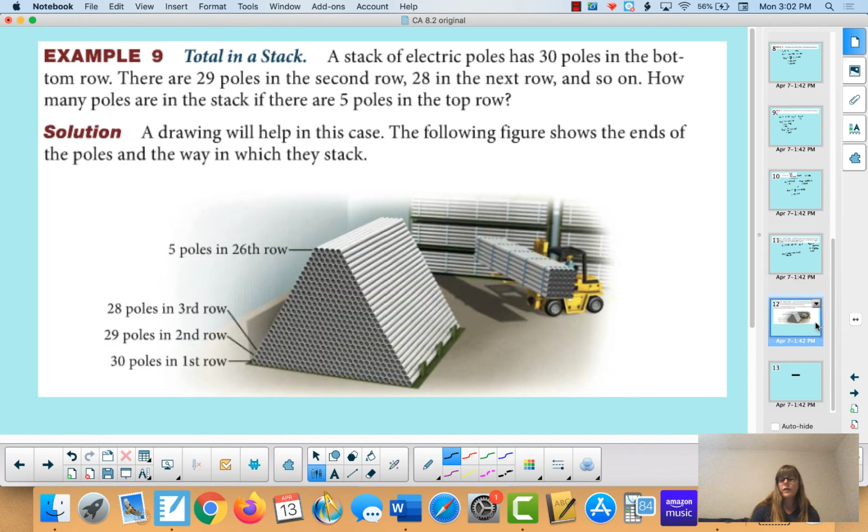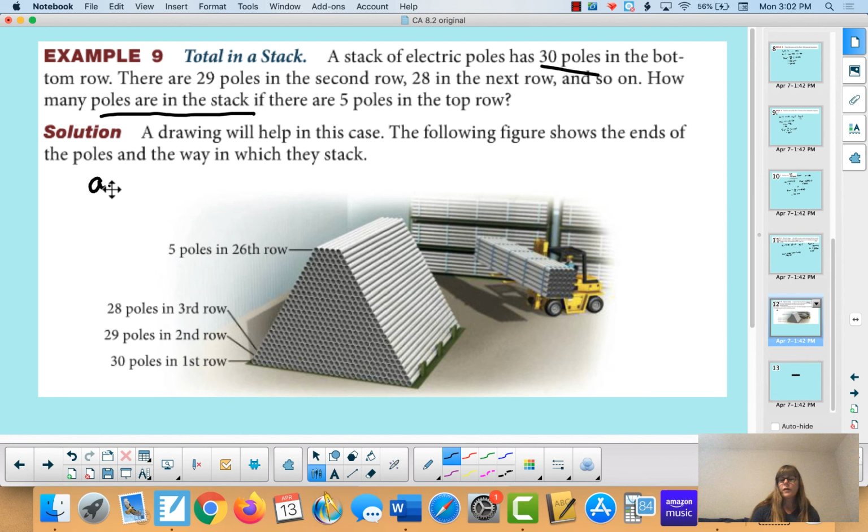Now this one is asking for the sum and not a certain term, because it asks how many poles are in the stack total. So it tells us in the very bottom row, there are 30 poles, and then as it goes up, it loses a pole each time. So my sequence goes 30, then 29, then 28, and so on.